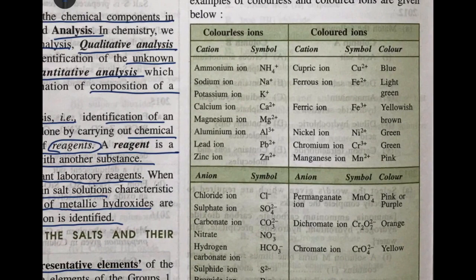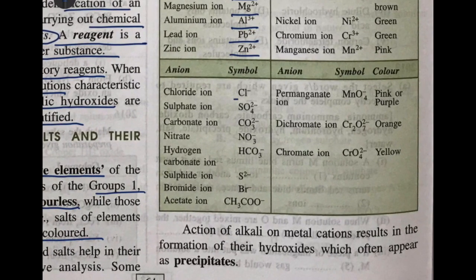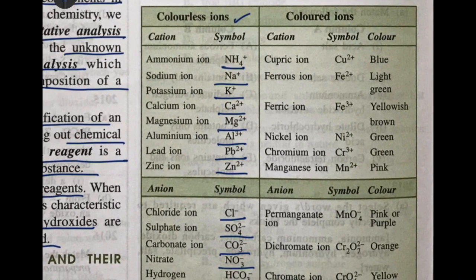Colorless ions, you can see ammonium, sodium, potassium, calcium, magnesium, aluminium, lead, and zinc. And these are all positive ions. Colorless negative ions or anions: chloride, sulfate, carbonate, nitrate, hydrogen carbonate, sulfide, bromide, and acetate.